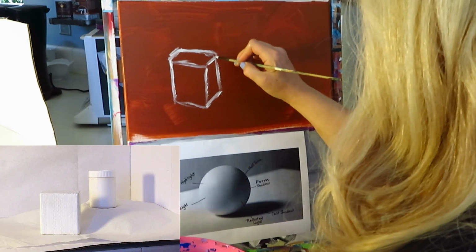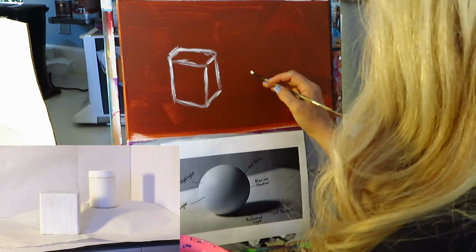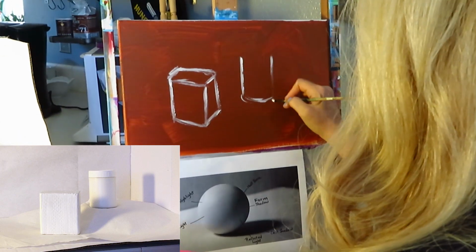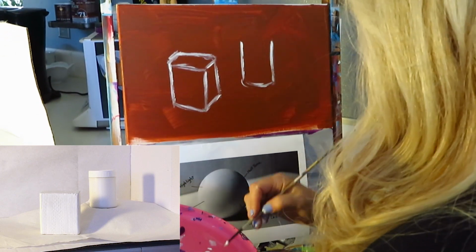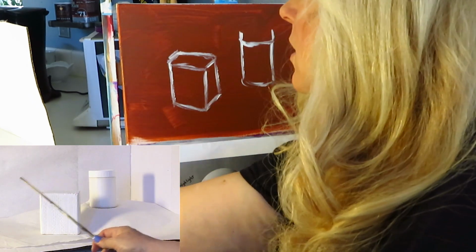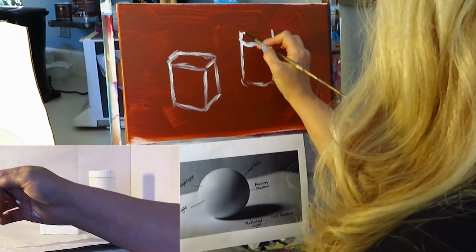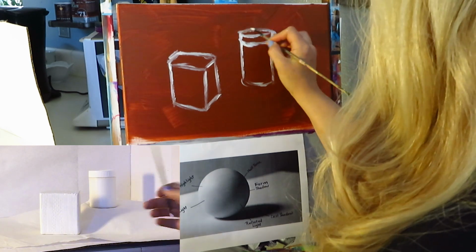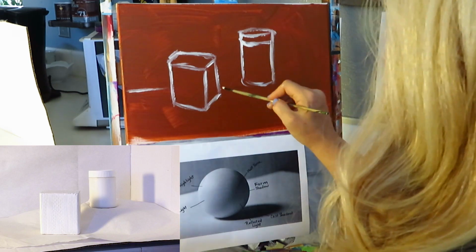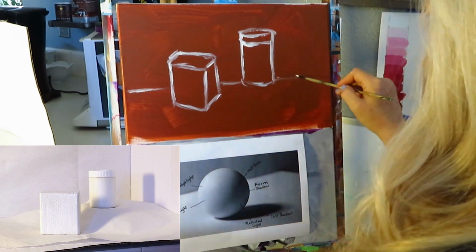Again, this is not going to be perfect, but we are just sketching things out here. And the light source is clearly coming from one direction, you can see, from over this direction. And it is hitting the block and the tub. I'll call it a tub.